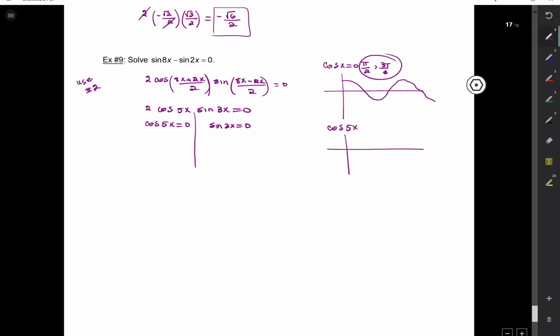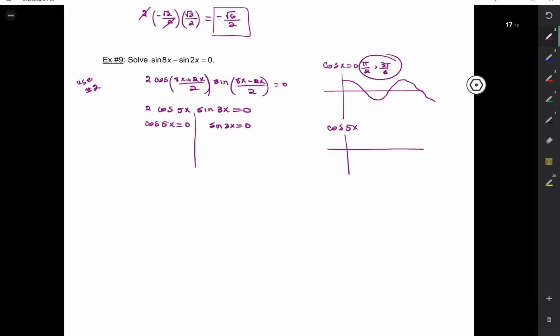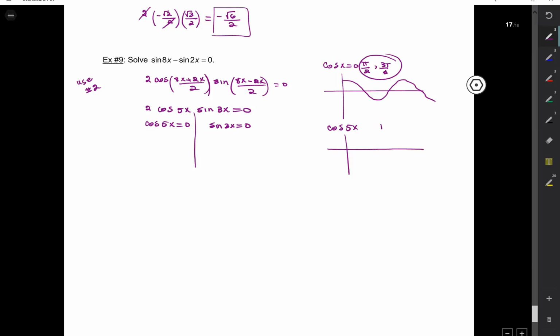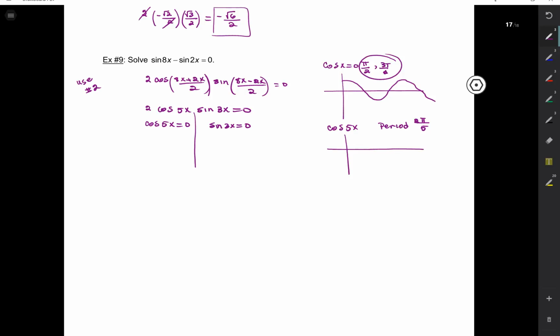What's the period of cosine of 5x? How do you get period? It's 2 pi over b. So it's 2 pi over 5. That means, in one cycle, how many of these should be able to fit? 5 of them. So basically, this is going to go much quicker.